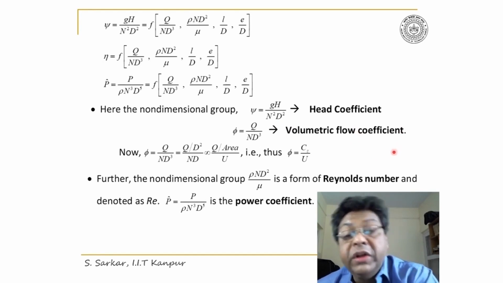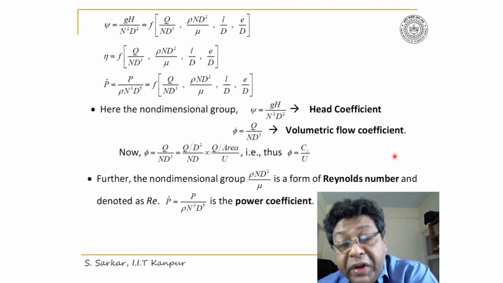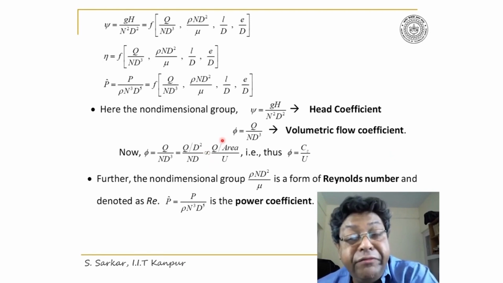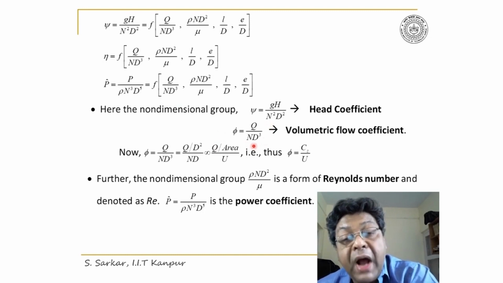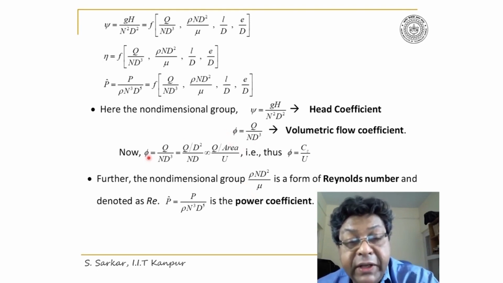Now similarly, what is the non-dimensional flow? That is the volumetric flow coefficient, defined by phi. Phi is equal to Q divided by N D cubed. Now phi, please follow the right side here.